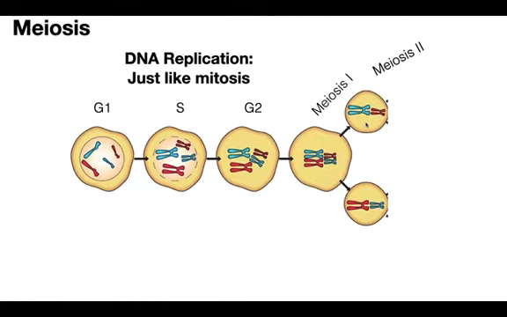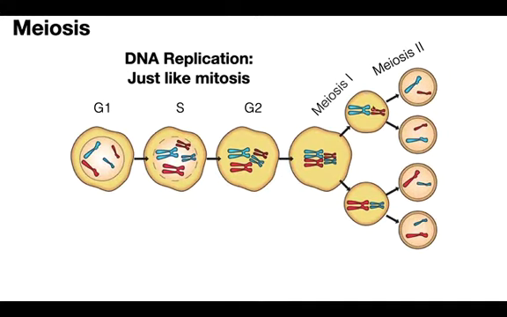My guess is that meiosis first came into existence when a cell tried to undergo mitosis and messed it up. And what happened was that the cell then said, well, this is no good, let me try it again. And so it goes through a whole other set of prophase, metaphase, anaphase, and telophase to split these sister chromatids.